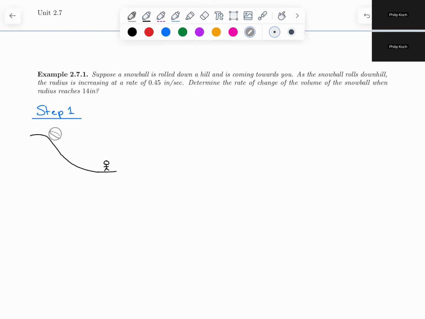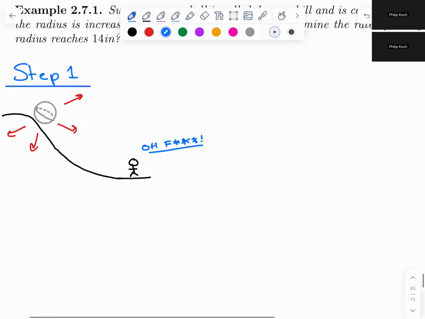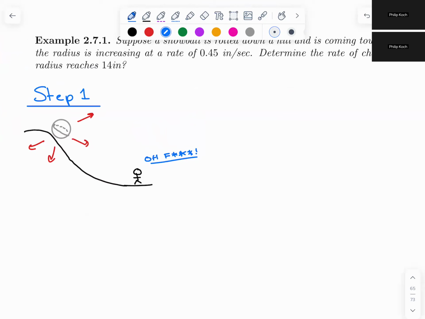And it's rolling towards us, and it's increasing in size. So we're worried.